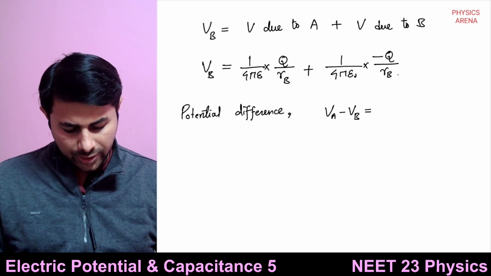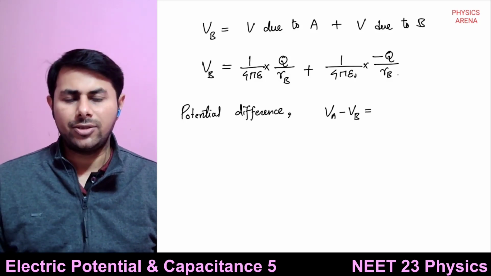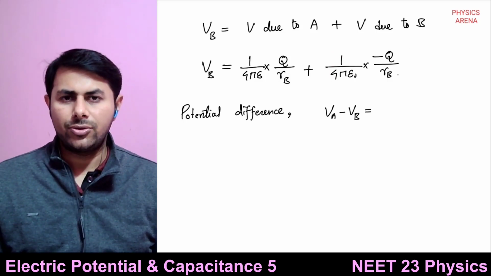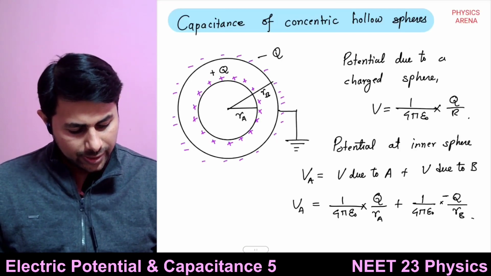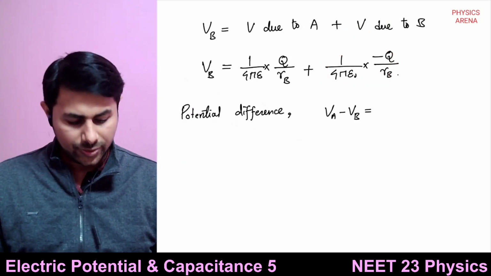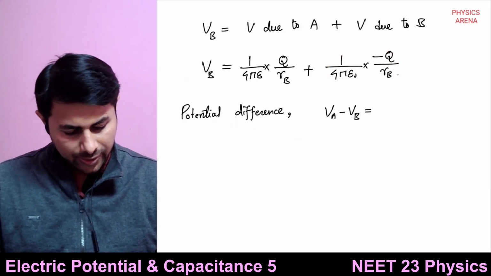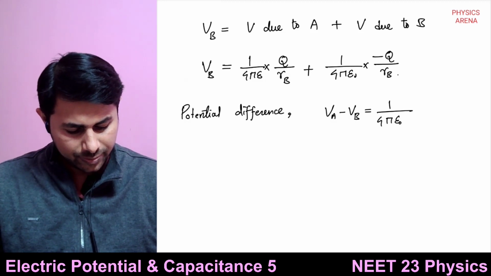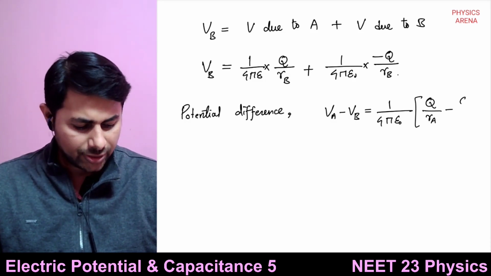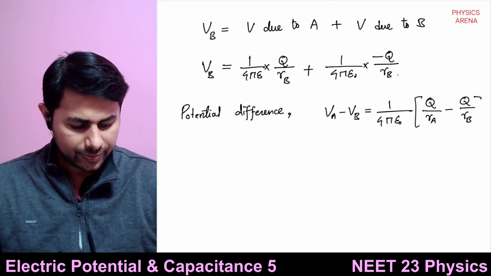Okay. So if you take VA minus VB, the potential due to B is common in both, so it gets cancelled out. What remains is 1 upon 4 pi epsilon naught multiplied by Q upon RA minus Q upon RB.